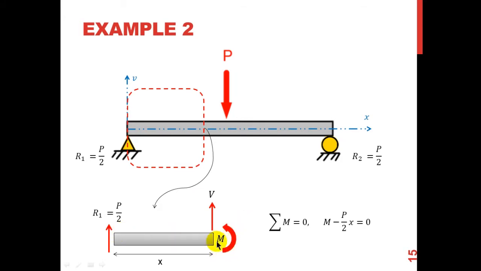Here's my moment. I'm taking the moment at this section, and I have this moment, right? And the one I have here acting in the opposite direction, so I'm giving it a negative sign, and simply P over 2 times the distance of x. So my moment as a function of x is going to be the one you can see here.